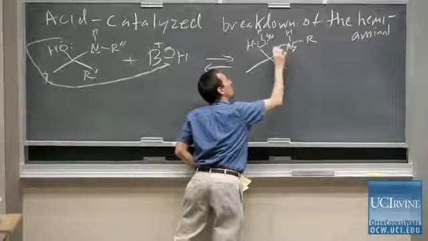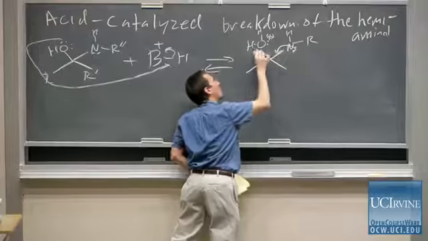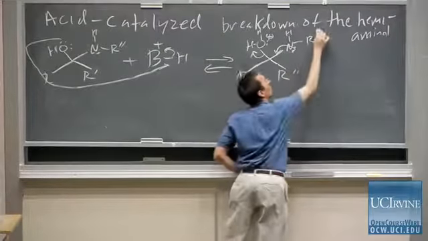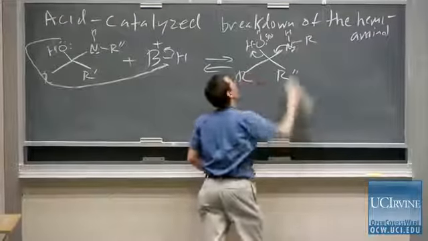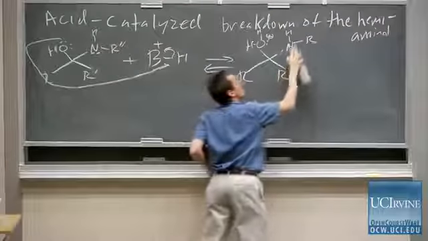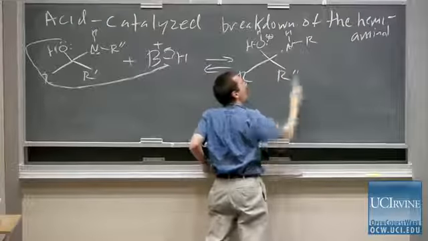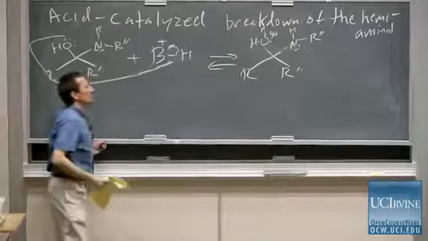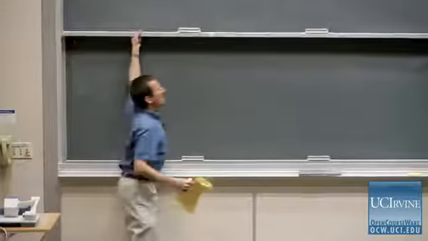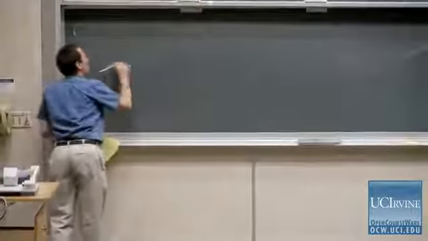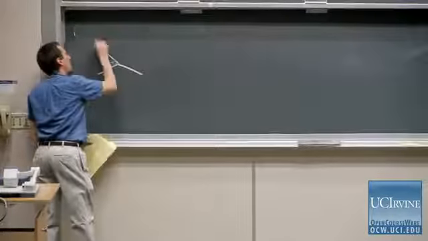In this step, electrons push from the nitrogen and push out a water molecule. And I'm going to write this on a separate line because things are getting crowded here. So here we have our hemiaminal protonated on the oxygen atom, and now in the penultimate, rate determining step, we're going to break this guy down.